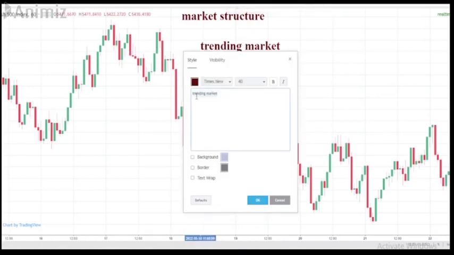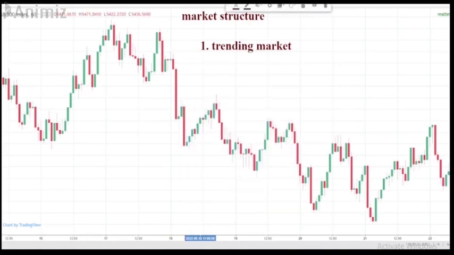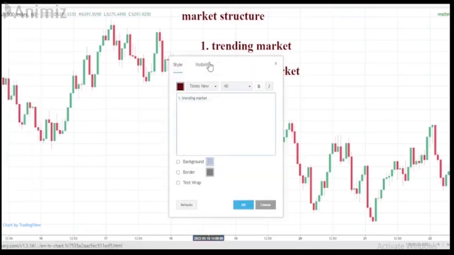Let me put this so that you won't be confused about the numbering. Number one is the trending market. Number two is the ranging market.